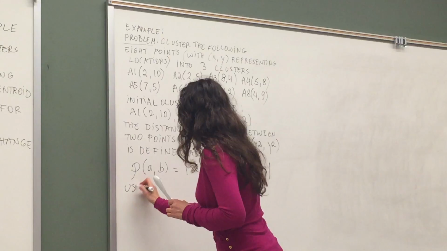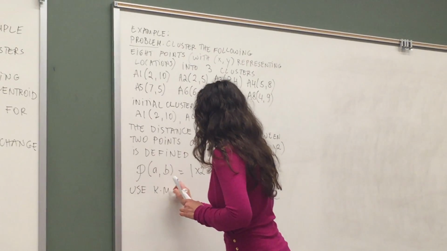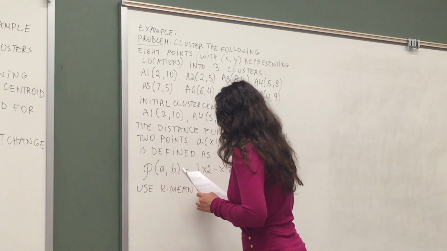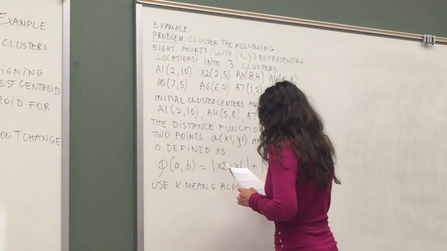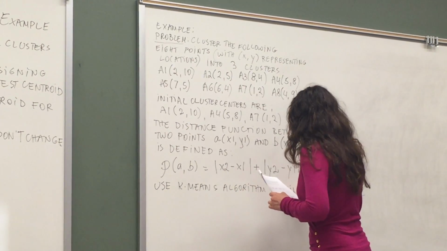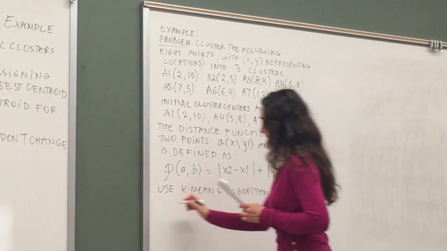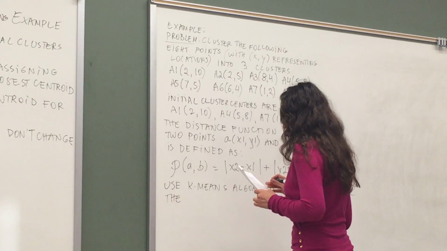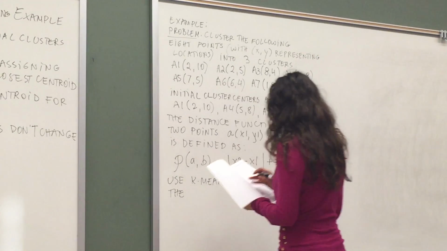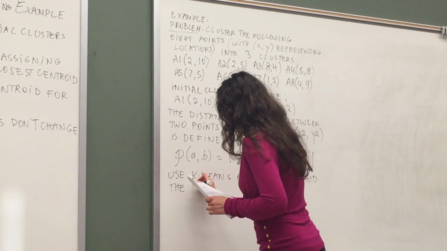So use K-means algorithm to find the three cluster centers after the second iteration.